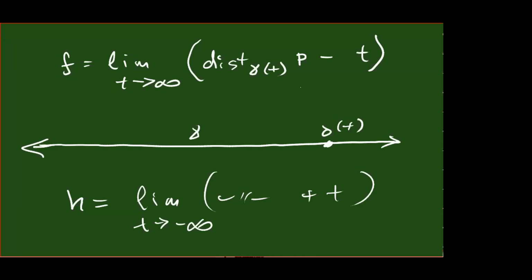So the fact that our geodesic is minimizing implies that f plus h is greater or equal to 0. If it were strictly smaller somewhere, then the geodesic would fail to be minimizing on a sufficiently large interval. Clear, right? Okay, now I want to prove the opposite inequality: that f plus h is less or equal to 0.